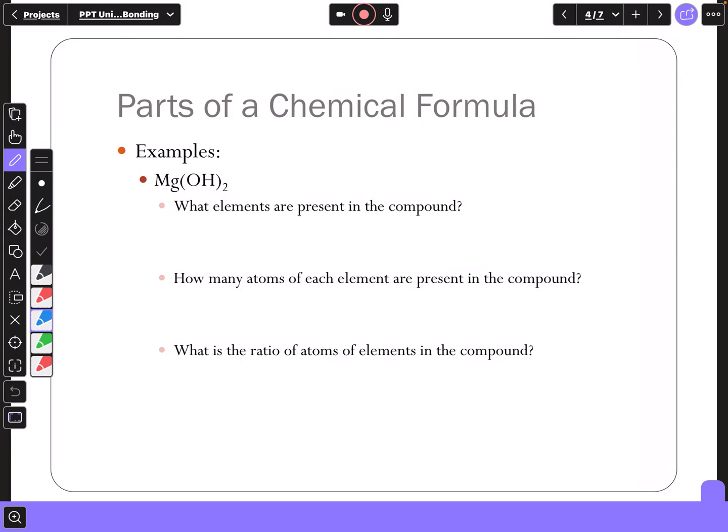Okay, our next example, we have Mg(OH)2. This is magnesium hydroxide. This is whenever magnesium, oxygen, and hydrogen form a bond. What elements are present? Magnesium, oxygen, hydrogen. How many atoms of each element are present in the compound?